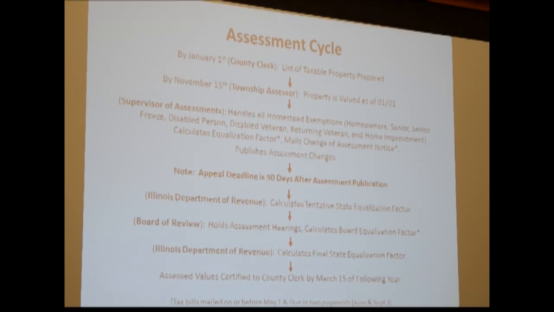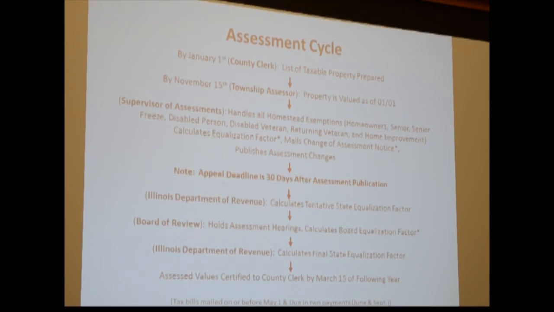If for some reason a certain area is overassessed or underassessed, then there's what's called a state equalization factor that's added, that you might see, to correct it so that it's at 1/3. There's also the Board of Review, which can do a calculation to help make that standard.